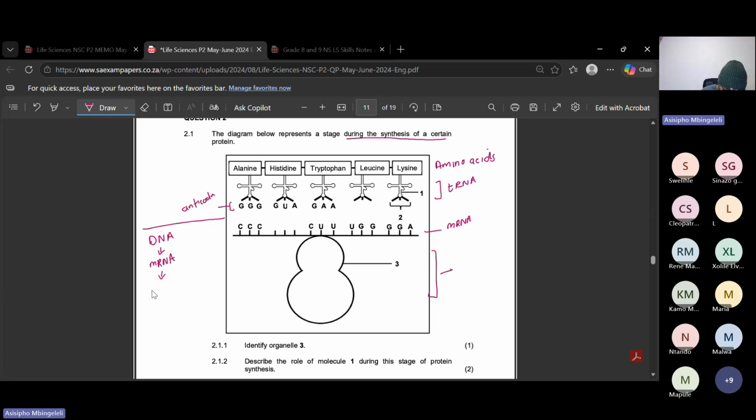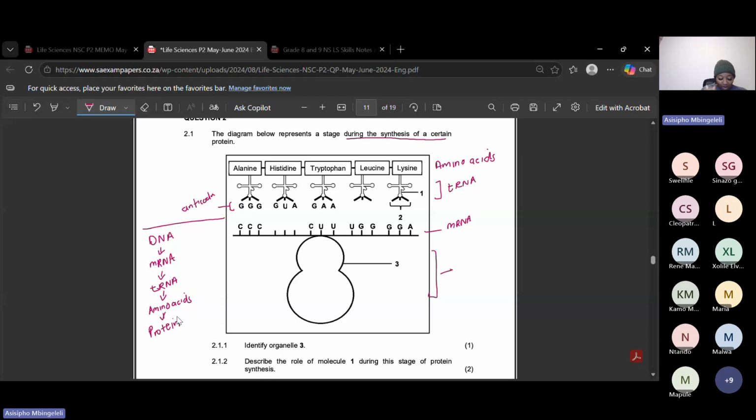And then we use that to get transfer RNA anticodons, which will collect specific amino acids from the cytoplasm. A chain of amino acids forms a protein. This is the sequence of protein synthesis.